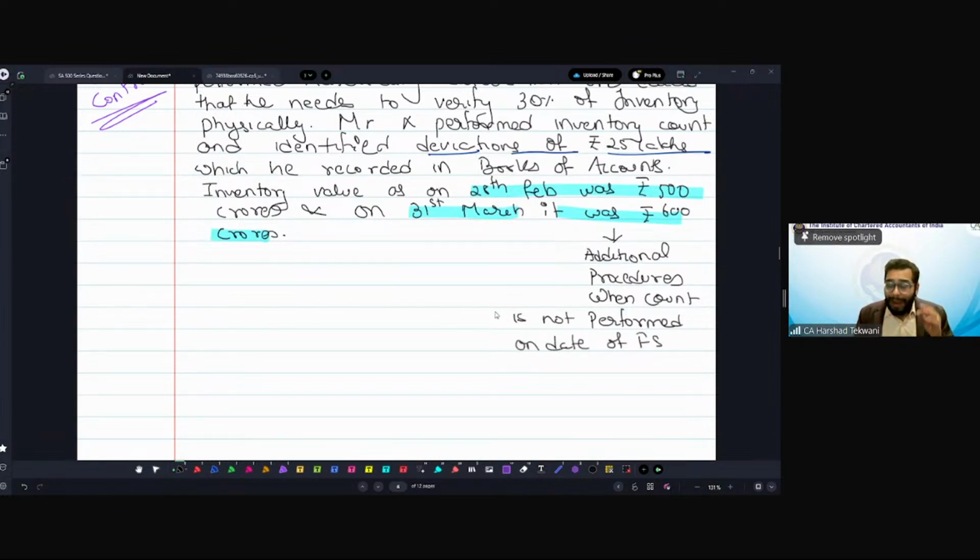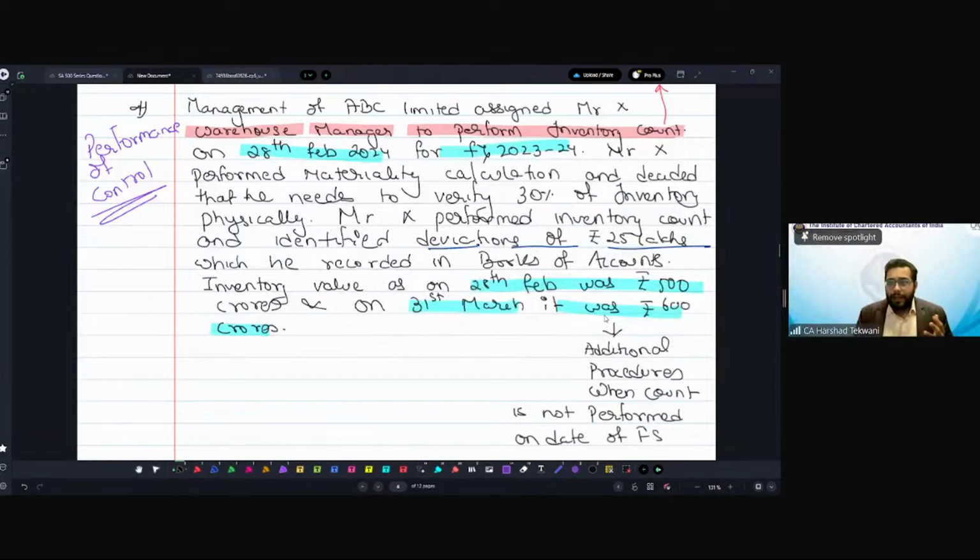So you need to perform additional procedures. How can you get comfort by performing a count on 28th Feb with a balance of 31st March? You cannot. Some might say, I need to perform a count of an additional 100. No, because the 500 which was there on the 28th Feb may be some different kind of inventory which might have been sold during that one month, and now the 600 crores inventory could be something new. So it is not only about the 100 crore additional, it is something more than that we need to understand.